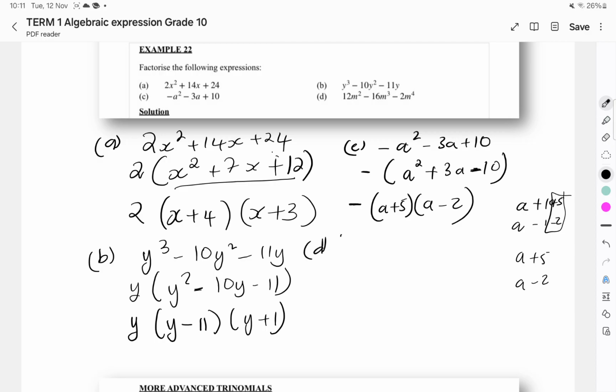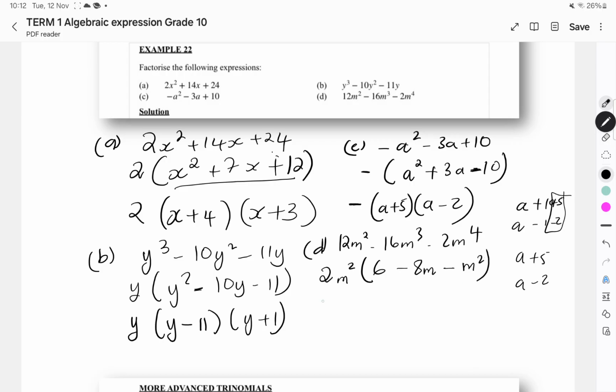And then number D, you have 12m squared minus 16m cubed minus 2m to the 4. What is common here? 2 is common, m squared is common. So 6 minus 16 divided by 2, it's 8m, it's still minus, and minus 2 divided by 2 is minus 1, then m squared.